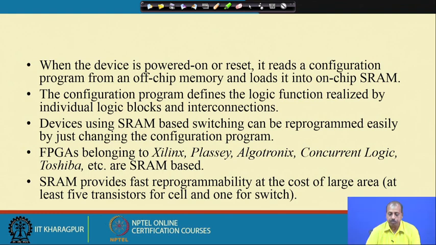Devices using SRAM based switching can be reprogrammed easily by just changing the configuration program. That is very good, because normally when you are in the early stage of your design, there will be design bugs. If you go directly to chip fabrication, there is a possibility that many of those bugs are not detected at the time of design.